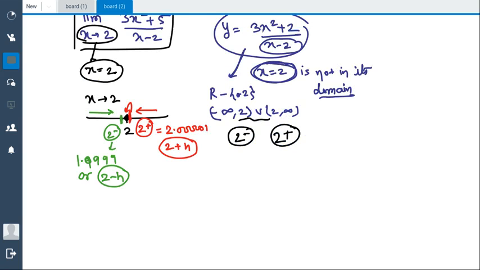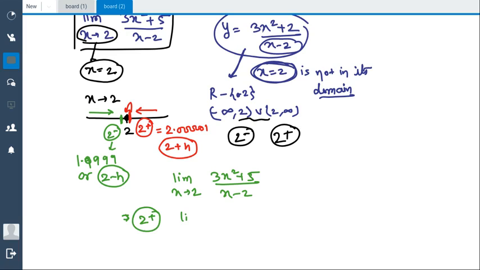So we can calculate the value of limit of x tends to 2. The question was (3x square plus 5) upon (x minus 2). So suppose we are talking about 2 plus.